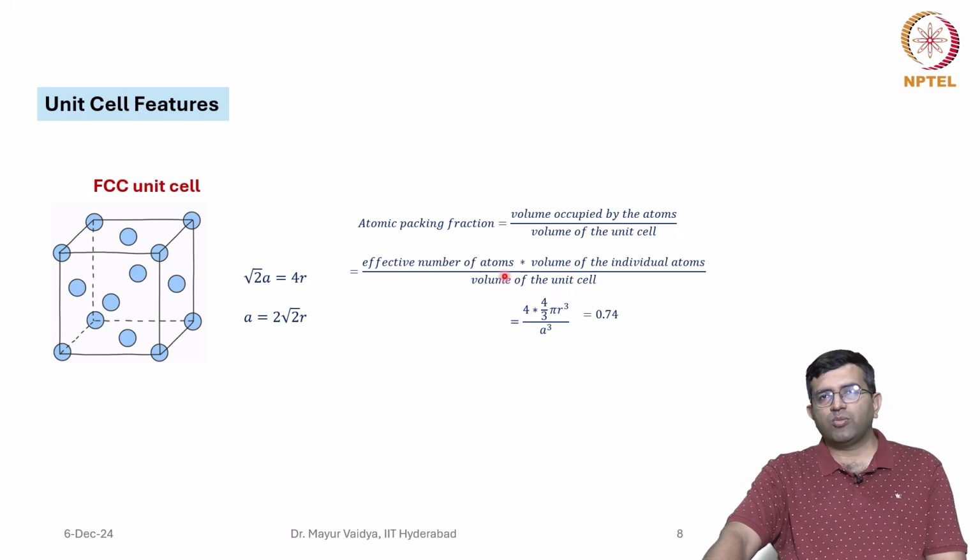You see the effective number of atoms in FCC is 4: each corner atom is shared among 8 unit cells, so 8 into 1 by 8, there are 8 corner atoms, plus the face centered atoms are shared with 2 unit cells, which gives you 4 effective atoms, multiplied by the volume of an individual atom, 4 by 3 pi r cube, divided by the volume of the unit cell, which is A cube. If you use this relation, A is equal to 2 root 2 R, you will end up with a packing fraction of 0.74.